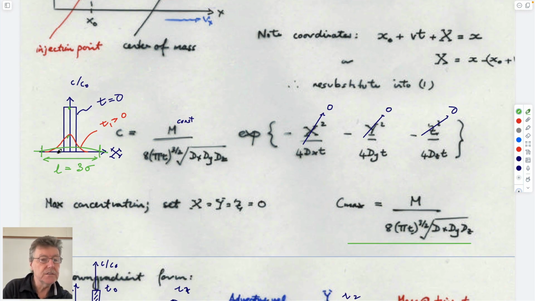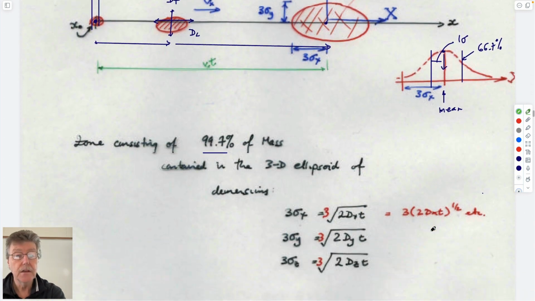And so if we know what this distribution looks like, we can calculate what this length is. If we know what that length is, then we have a chance of being able to calculate what these dispersion coefficients were if we want to be able to back calculate that from our system.